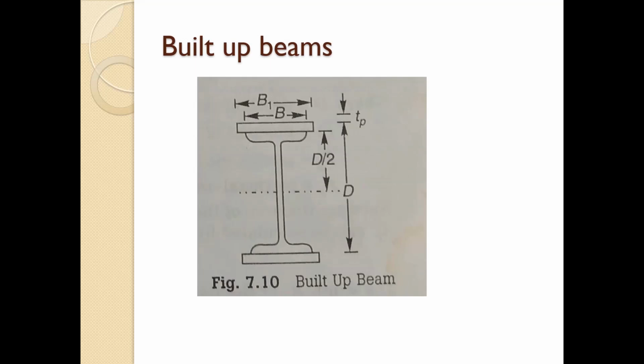So if spans are long or loads are heavy, we have to go for these built-up sections. Also, the depth of the beam may be restricted due to headroom requirements. In both situations, it becomes necessary to provide a built-up or compound beam as shown here.